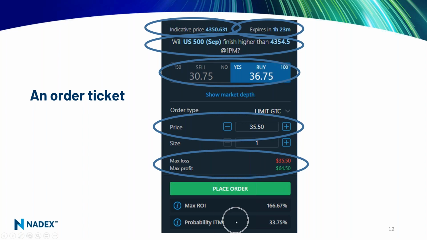Now, we do tell you at the bottom of the order ticket, if you're trying to buy one of these right now, the midpoint between the bid and the ask, that's the real probability. That's what the market is pricing the probability of it being true, is 33.75. And if I were to buy one for 35.50, I can make 166% return on my money in the next hour and 23 minutes if I bought it, paid 35, and it settled at 64.